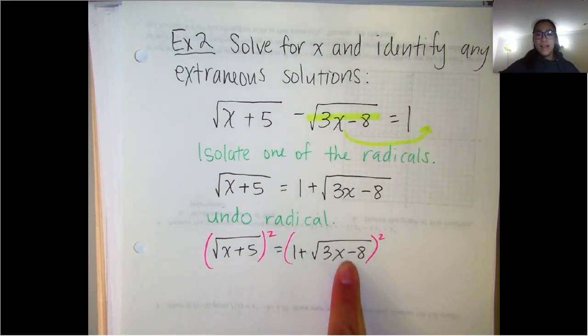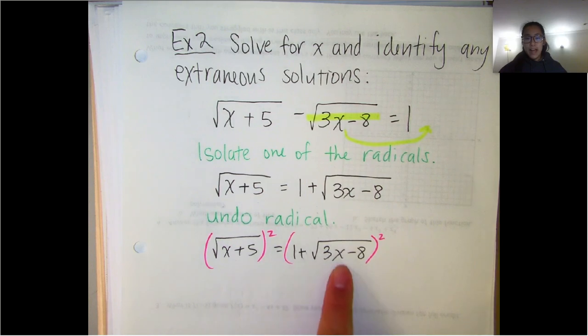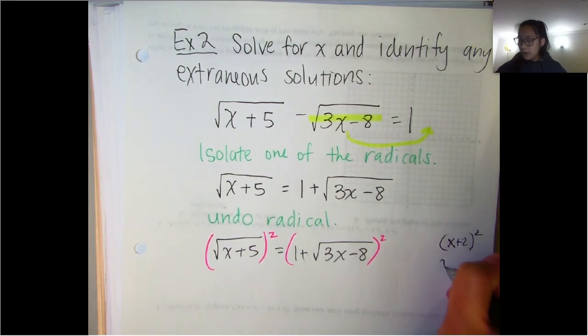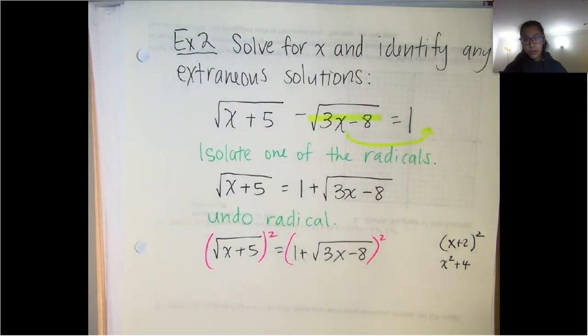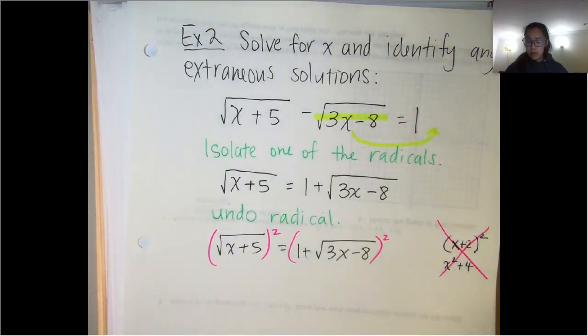That is not okay, and that is not allowed. Don't ever do that. Whenever you have two things added together and you're squaring it, you need to multiply it out, and you can multiply it out using a box, like we've done in the past. For example, if you had x plus 2 and then you squared that, would you get x squared plus 4? Can you square each of the individual terms? Well, no, you cannot. So you can't do that here either.